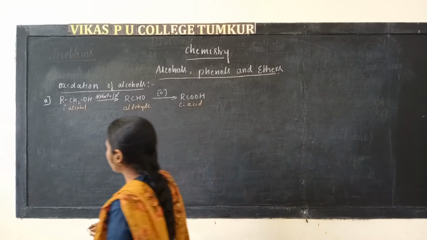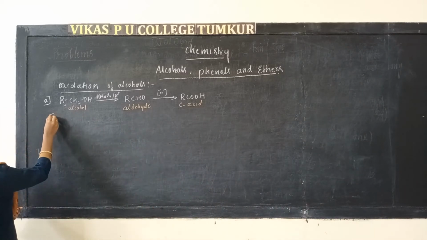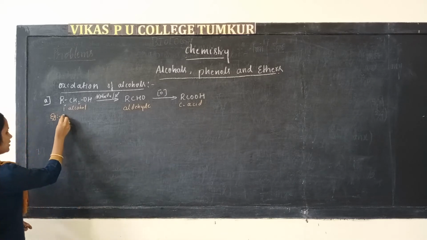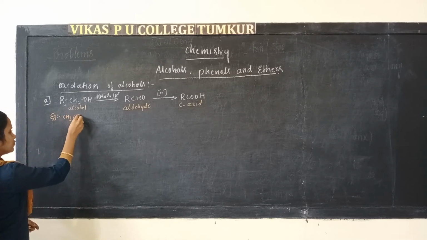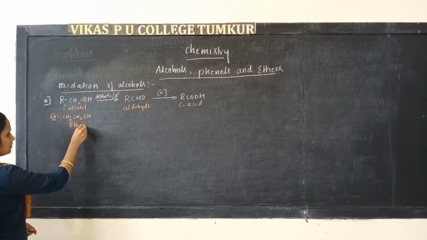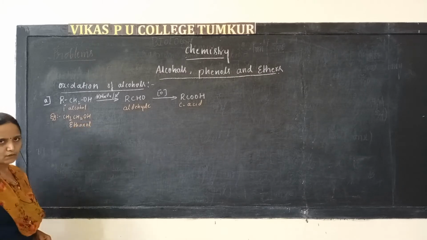We'll take an example: CH3CH2OH. The name of this compound is ethanol.